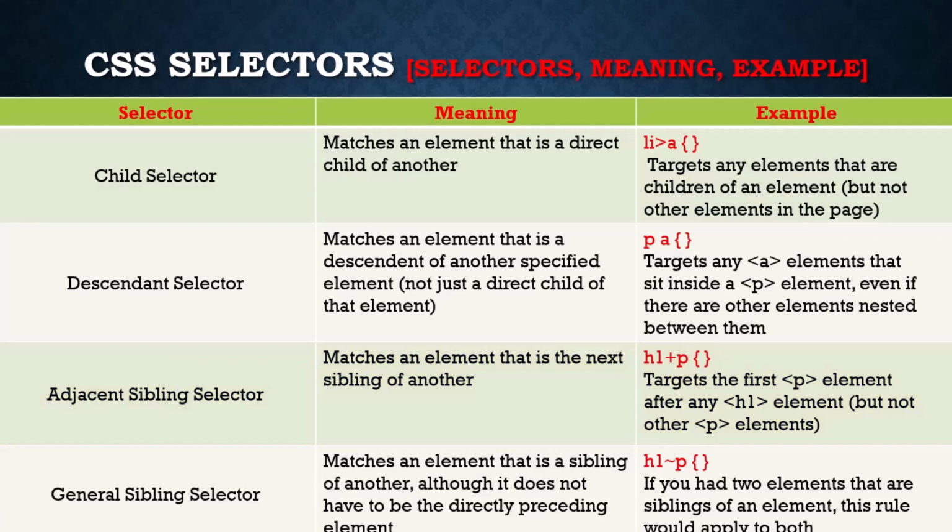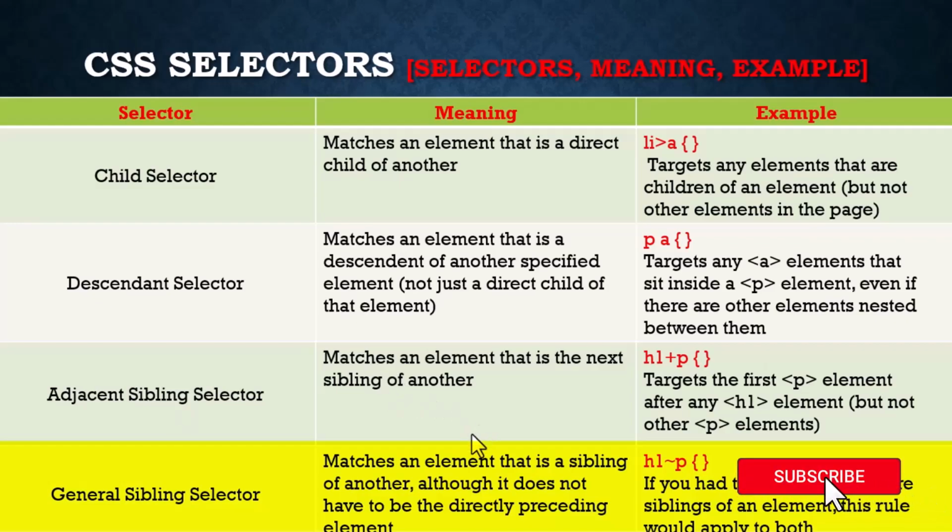And we also have a general sibling. In this case, not an adjacent sibling, but a general sibling. So for instance, you have two elements that are siblings of an element. This rule will apply to both of them. It's a general sibling. This one is adjacent sibling. So this one is specific to the paragraph that comes directly after a level 1 heading.